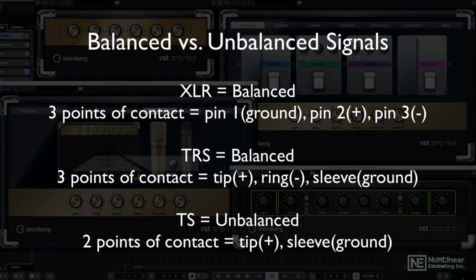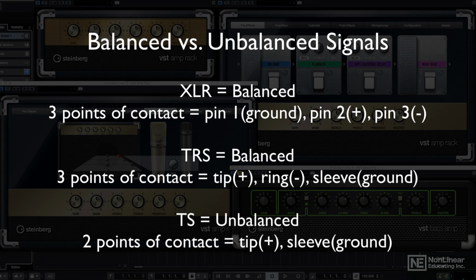TRS and XLR are both balanced and have positive, negative, and ground wires on them. This is why XLR has 3 pins, and TRS has a tip, ring, and a sleeve, so 3 points of contact. With TS connectors, there's just 2, a tip and a sleeve. Instrument cables work with unbalanced signals.